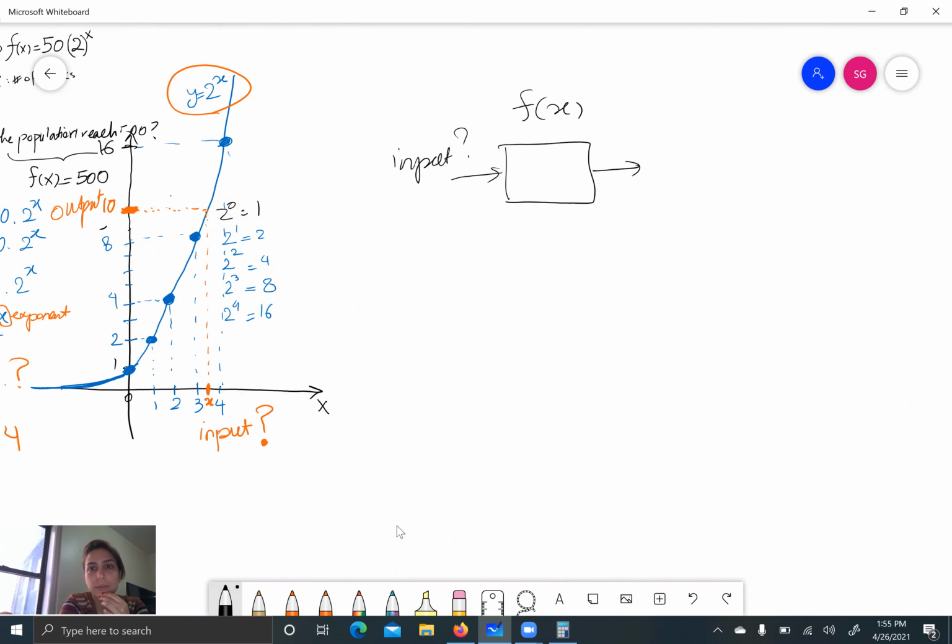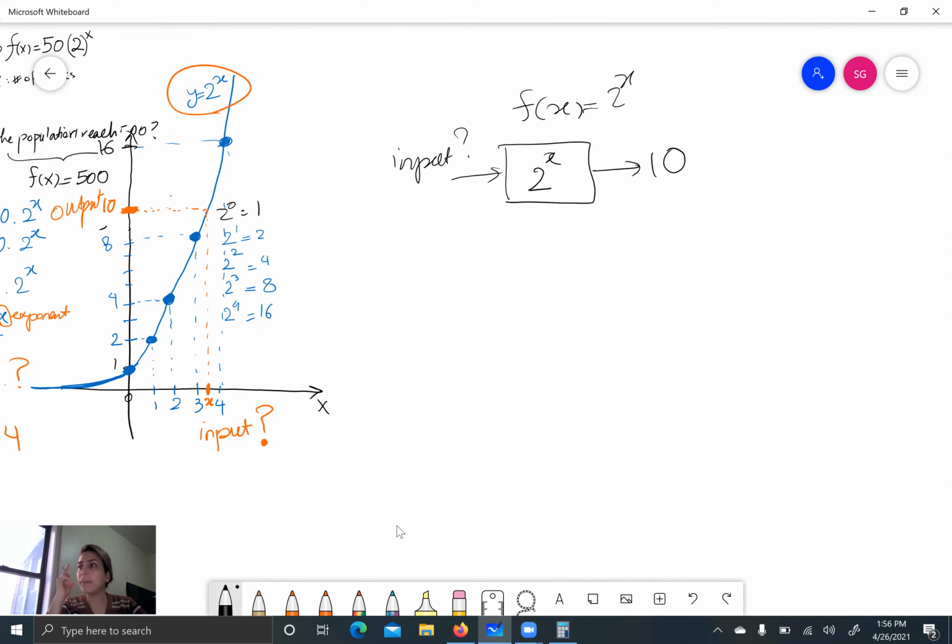This function is 2 to the x, meaning that whatever the input value is, the function takes that input value and calculates 2 to the power of it. Now the question is, for what input value does 2 to the x return 10?